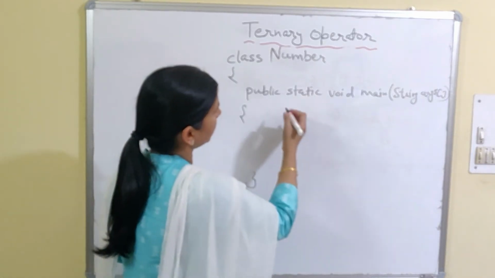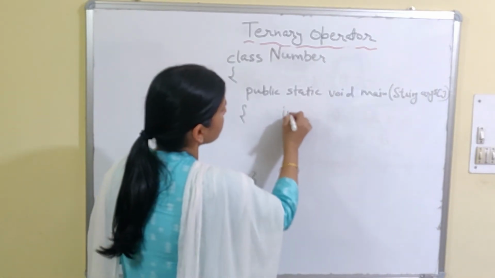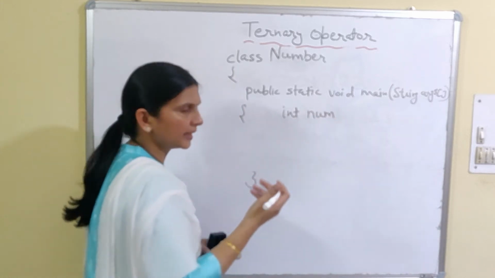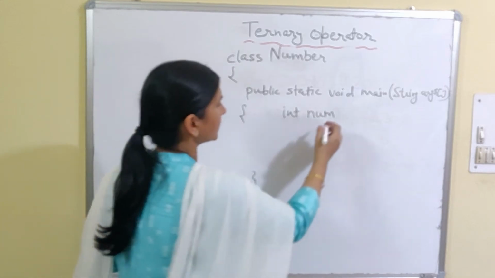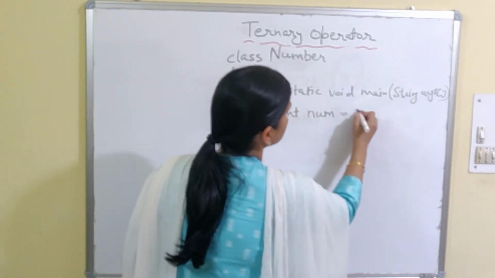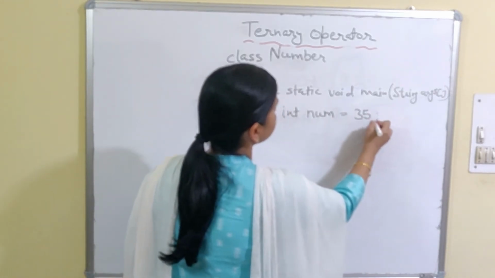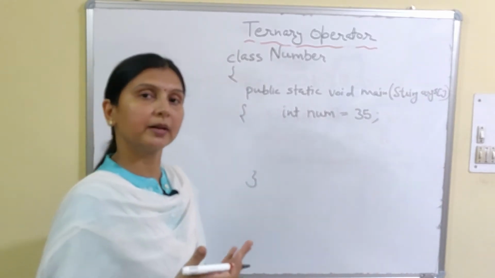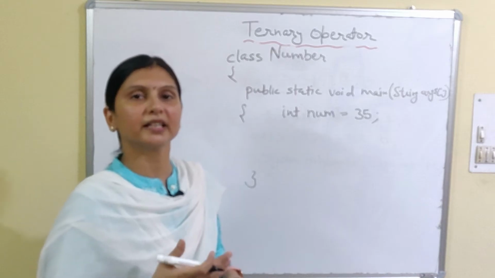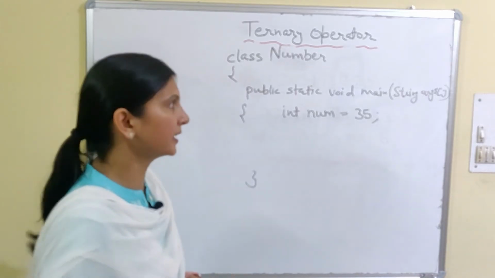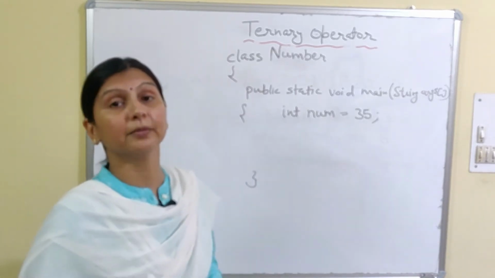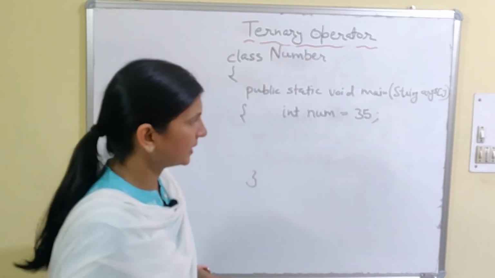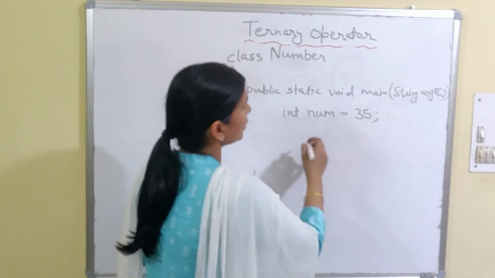Now for the number we need to assign some value. int num, you can take any variable name. I have taken num equals 35. Let it be 35. Now what will be the condition? How will you check whether the number is even or odd? When you divide the number by 2, if the remainder is 0, then even, otherwise odd.